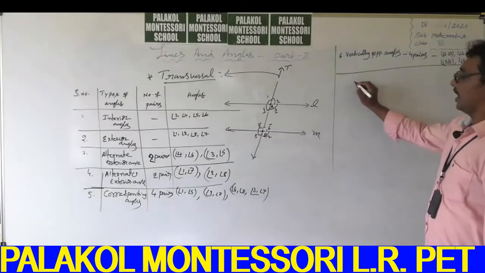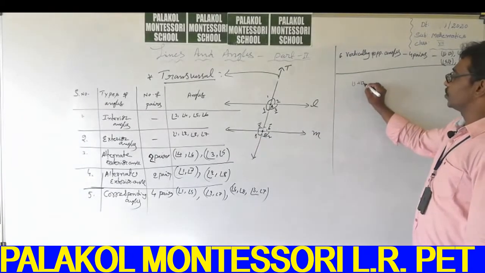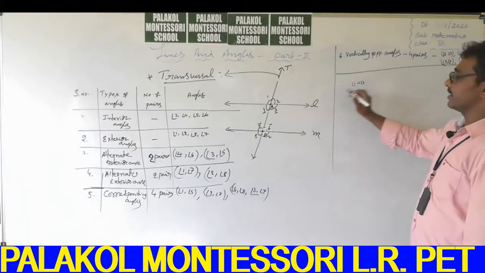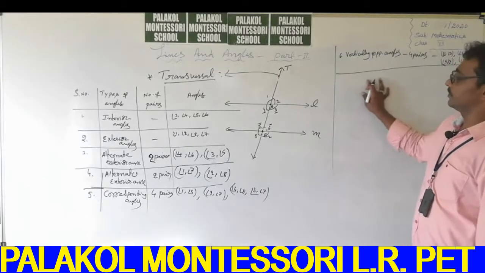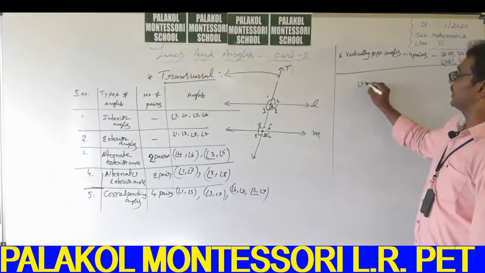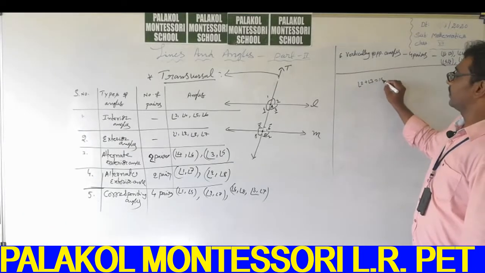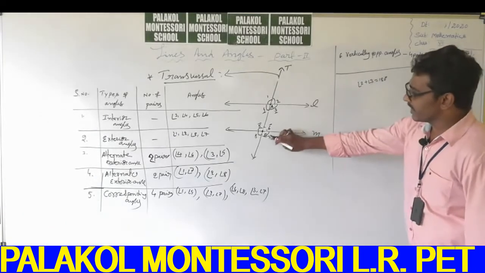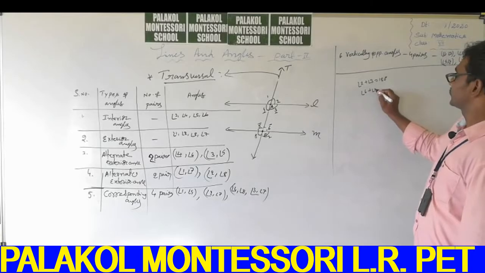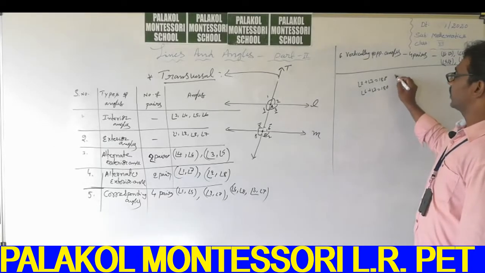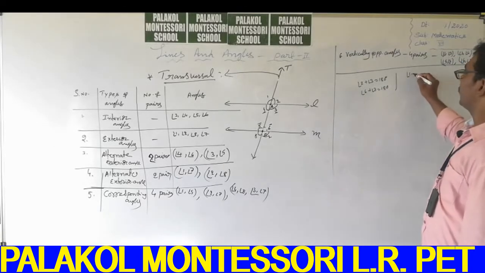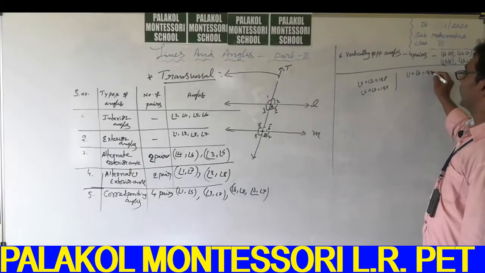Check it. Angle 1 plus angle 2. Guys, please see, one side only. Angle 2 plus angle 3, 180 degrees. Angle 6 plus angle 7, 180 degrees. That side, angle 1 plus angle 4, 180 degrees.